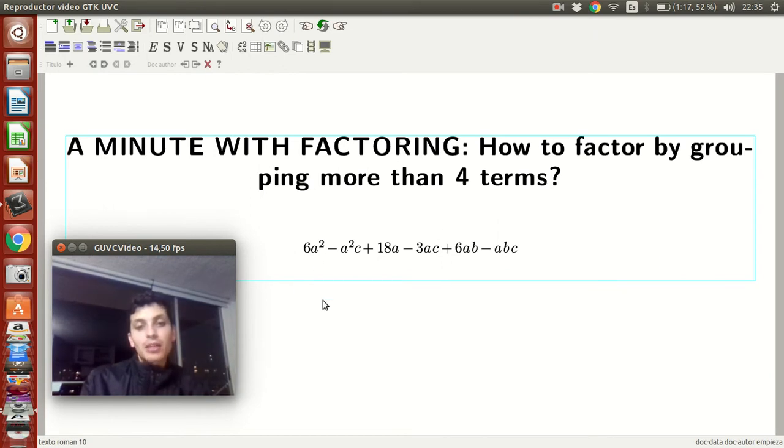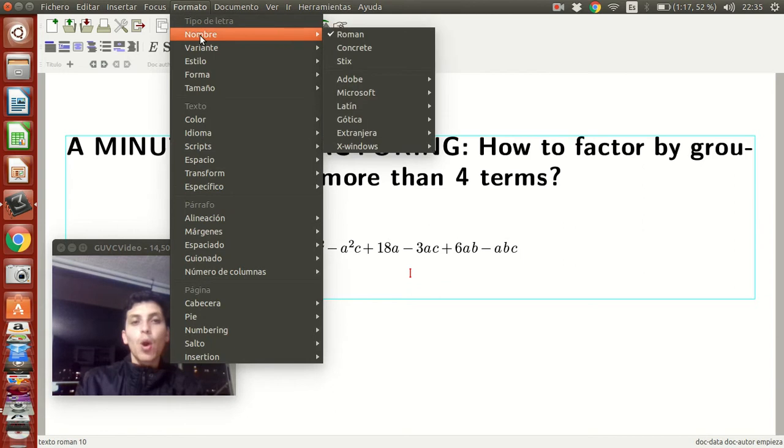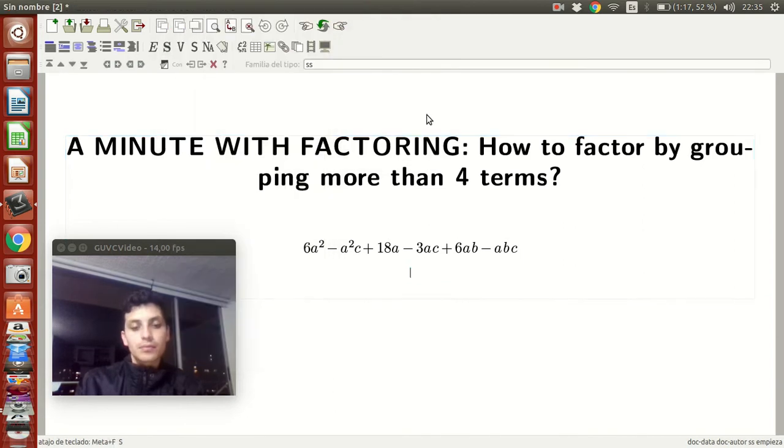This is the polynomial that we're going to factor, and remember, the first step is to apply the GCF. This is the first step always. So the first step is to factor out the GCF.